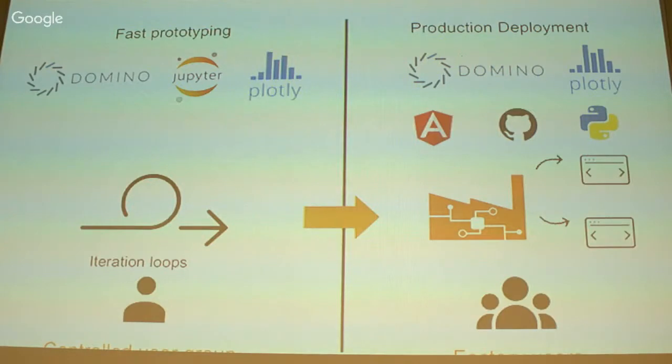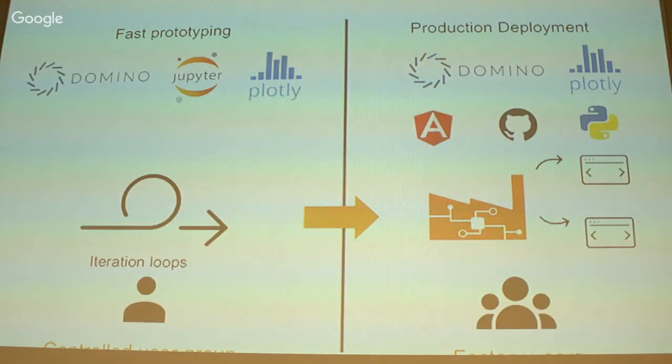And with this, we use controlled user groups to provide fast iteration loops where we can add features. We use these iteration loops to bring the products from concept to prototypes that we can directly deploy on our infrastructure. You can see on the right side of the slide.